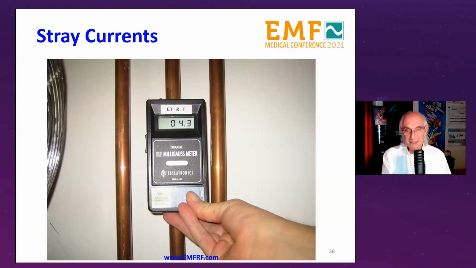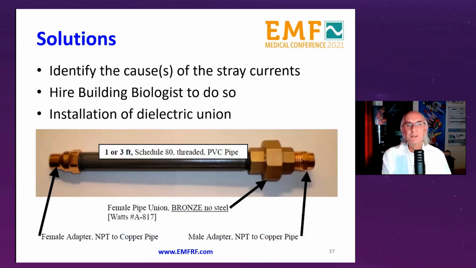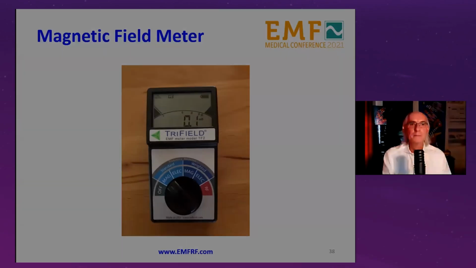How do we fix that? Well, we need to disrupt the continuity of that conductive material. We call that a dielectric union. Basically it is a piece of plastic which gets inserted into a metal pipe. And since plastic is not electrically conductive, the current flow will be stopped. And when there's no current flow, there's no magnetic field, right?